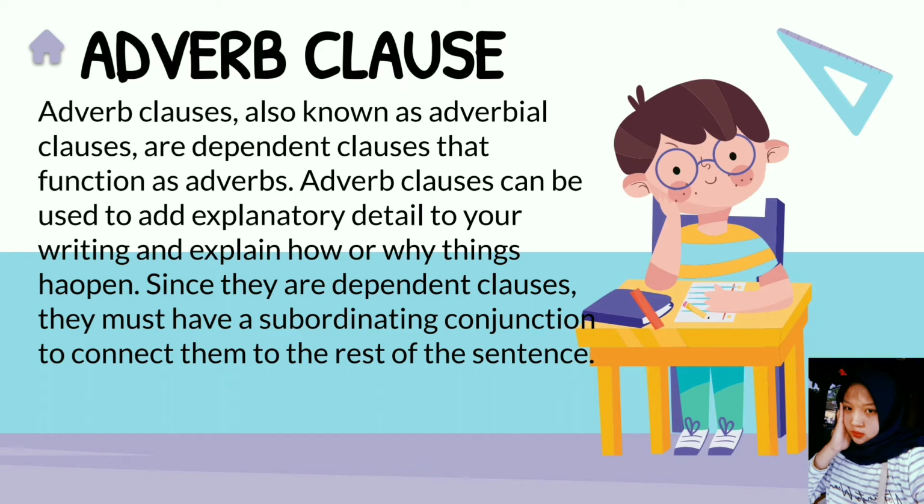Adverb clauses can be used to add explanatory detail to your writing and explain how or why things happen. Since they are dependent clauses, they must have a subordinating conjunction to connect them to the rest of the sentence.